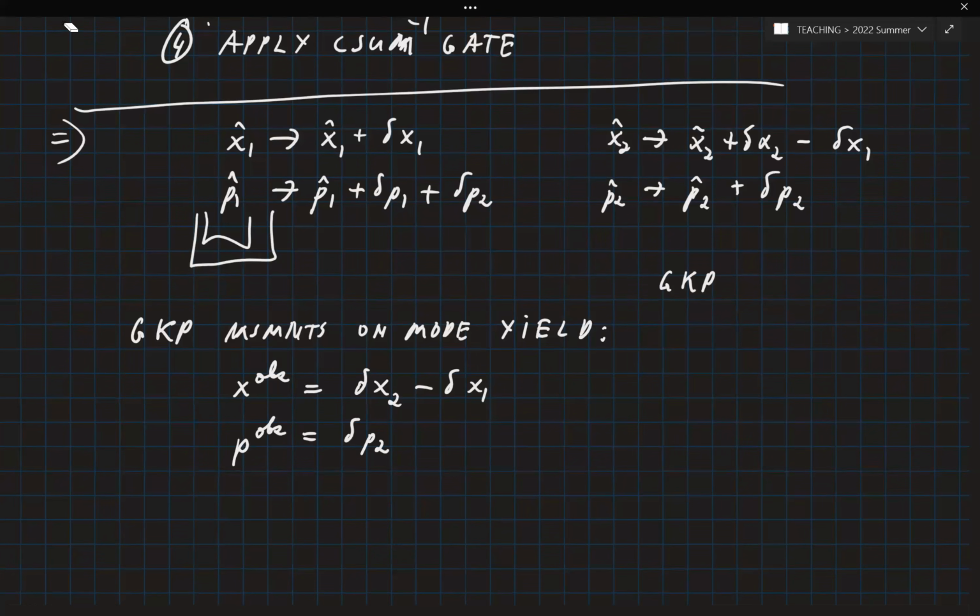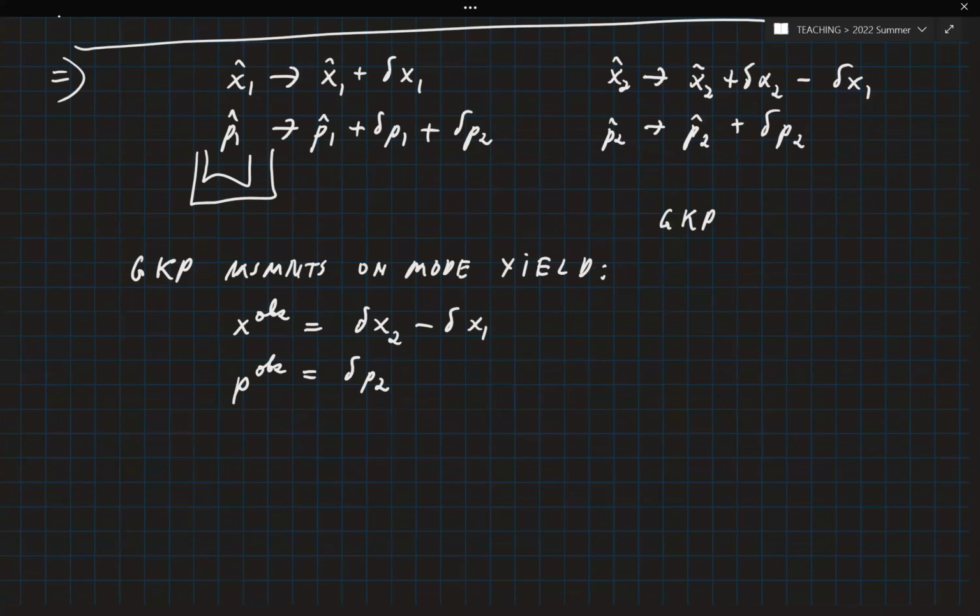So this is where I want you to see that the C-sum gate has been beneficial because it has leaked out some information about X1 into this quadrature that we can now measure.